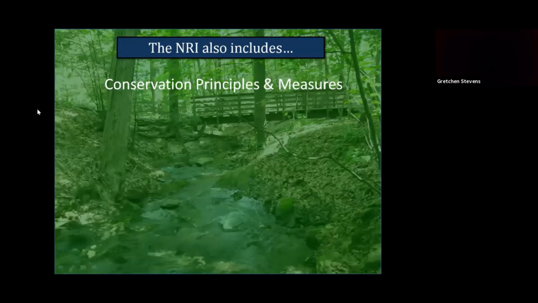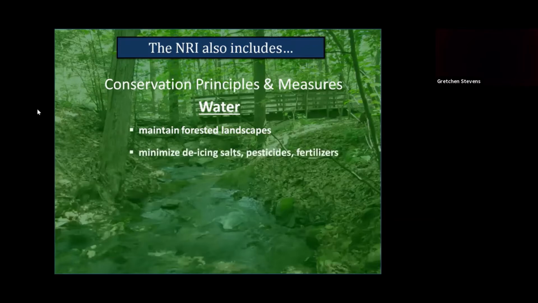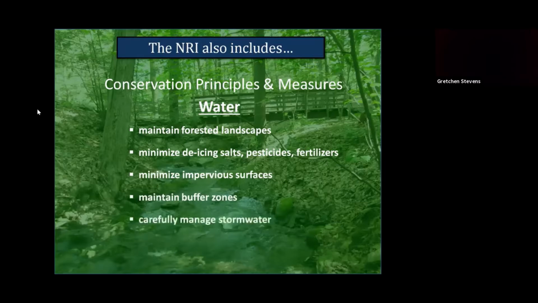Some of these measures for protecting water resources, for example, are maintaining forested landscapes, minimizing applications of de-icing salts and pesticides and fertilizers, minimizing impervious surfaces, maintaining buffer zones along streams and around wetlands, carefully managing stormwater in developed areas, and avoiding construction in flood zones and removing existing structures in flood zones wherever possible.